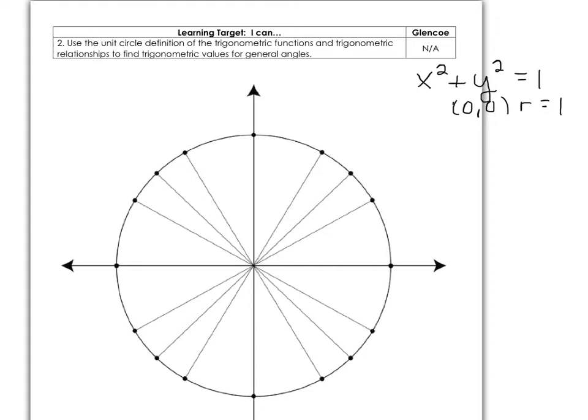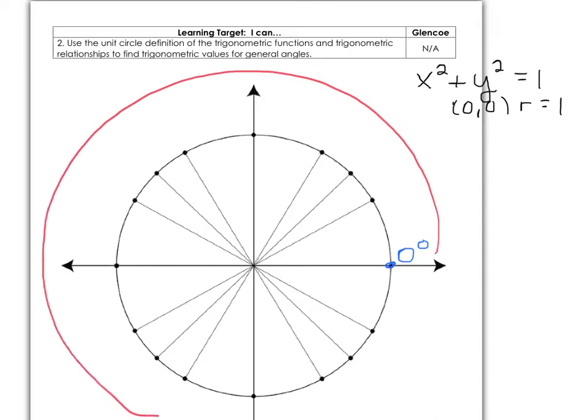All right, so we start off over here, okay? This is actually where you always start your rotations around the unit circle, okay? And so if we have a circle and we start at 0 degrees because we've not rotated at all around the circle, if we were to make one full loop around the circle, we would do a 360-degree rotation, okay?